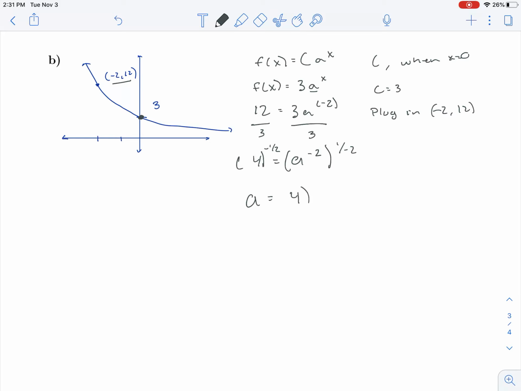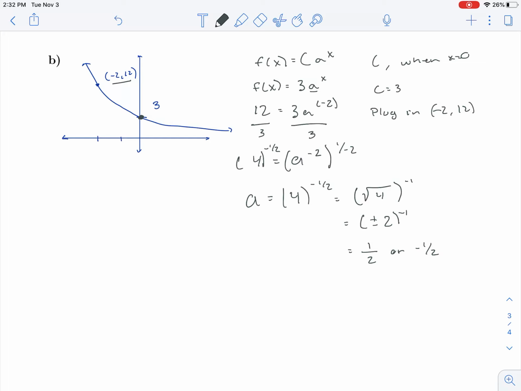So a equals 4 to the negative 1/2, which is the square root of 4 to the negative 1, which is plus or minus 2 to the negative 1. So it's either 1/2 or negative 1/2.